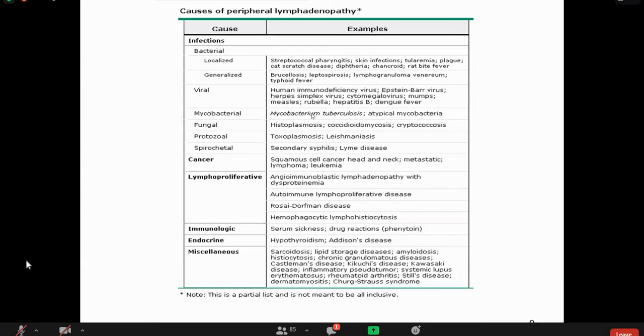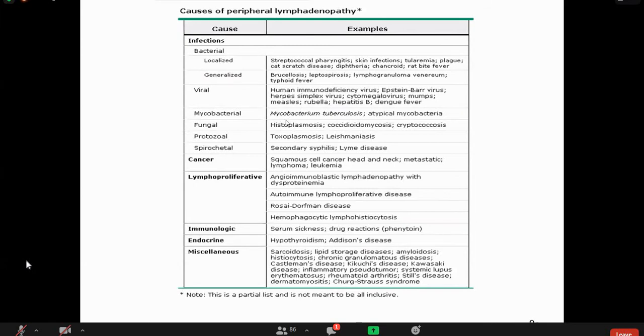Mycobacterial: tuberculosis, a disease endemic in third world countries, particularly in Pakistan. We see very commonly in clinical practice TB lymphadenitis, with discharging sinuses from the infected lymph nodes.